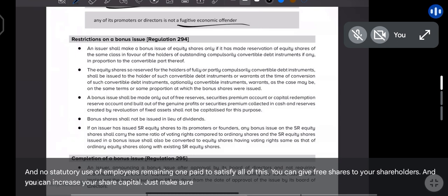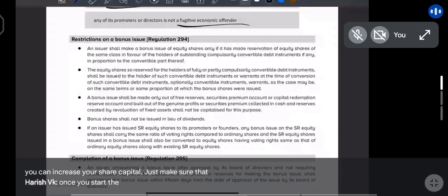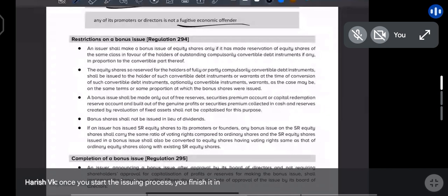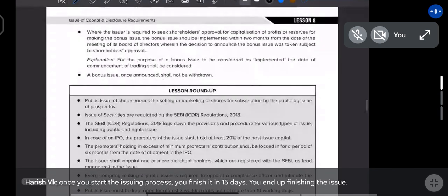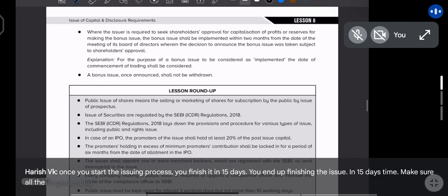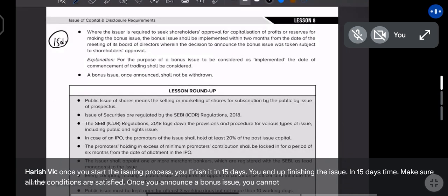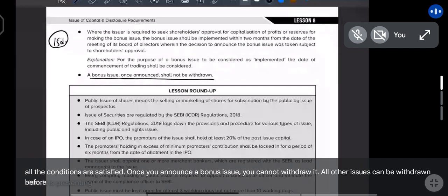Just make sure that once you start the issuing process, you finish it in 15 days. Make sure all the conditions are satisfied. Once you announce a bonus issue, you cannot withdraw it. All other issues can be withdrawn before this.